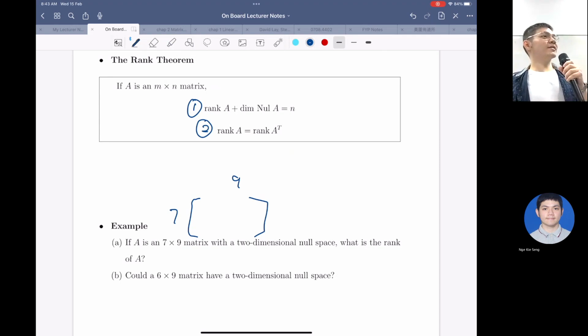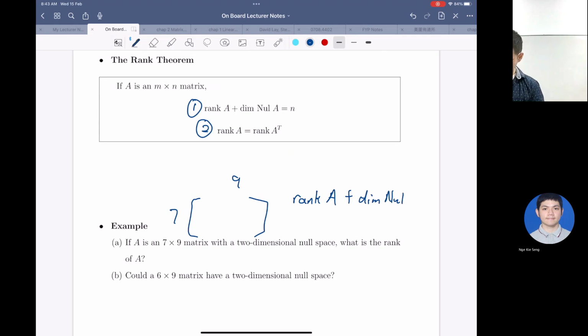Rank A plus dimension Nul A equals n. So what is n in this case? 9. What is dimension of Nul A given in the question? 2.